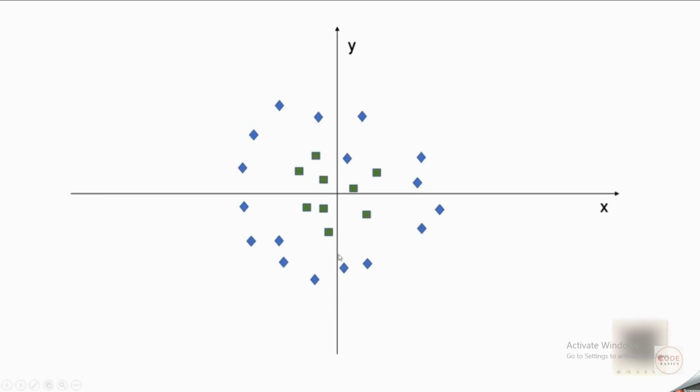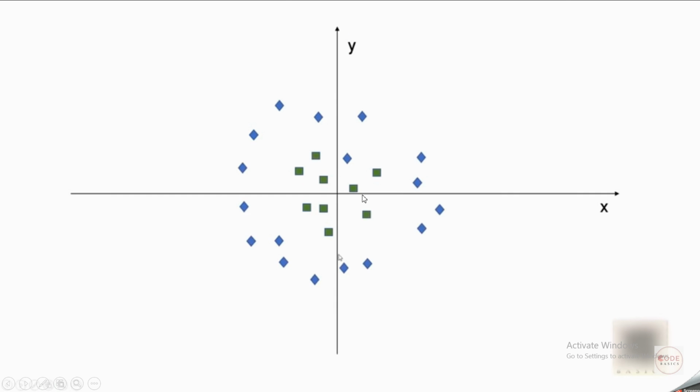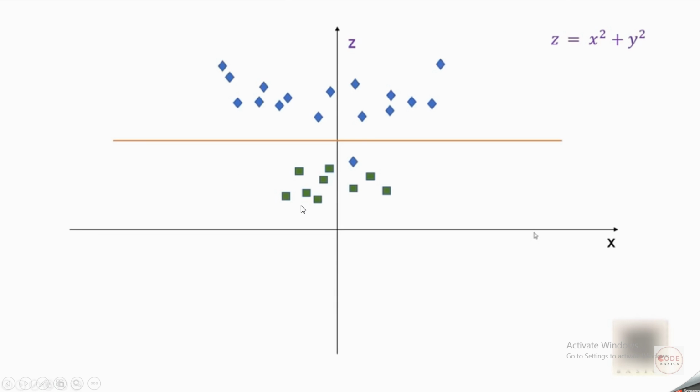Here we have got another situation where we have got a data set which is spread unevenly. So what can be done in this case? We can simply consider another axis as Z and represent this two-dimensional data in three dimensions where we get a plane.